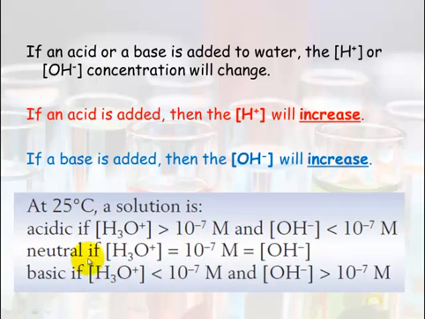It will be neutral if the hydronium concentration is 10 to the negative 7 and the hydroxide concentration is also 10 to the negative 7. It will be a basic solution if the hydroxide concentration is greater than the hydronium concentration. In other words, the hydroxide concentration is greater than 10 to the negative 7 and the hydronium is less than 10 to the negative 7.